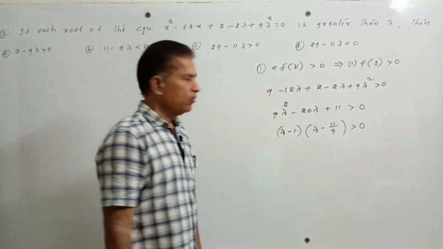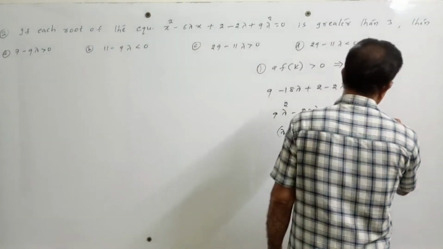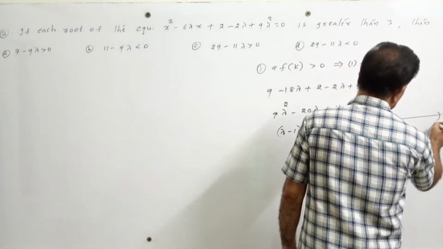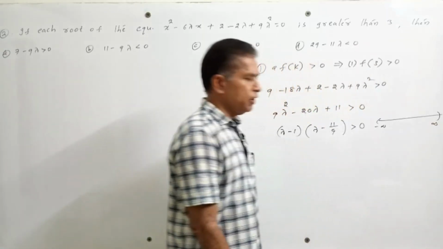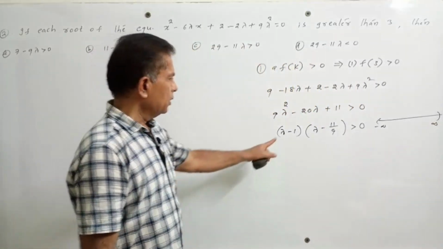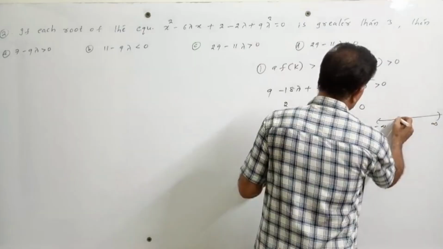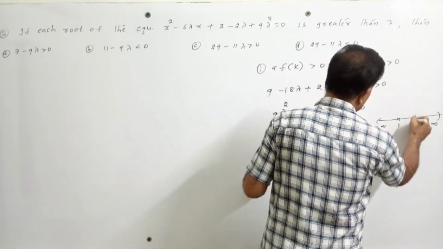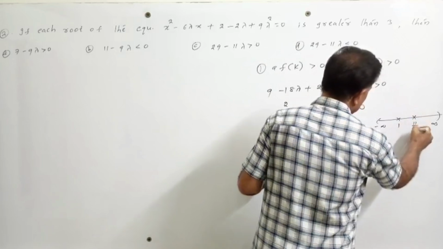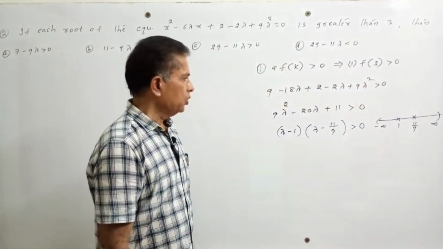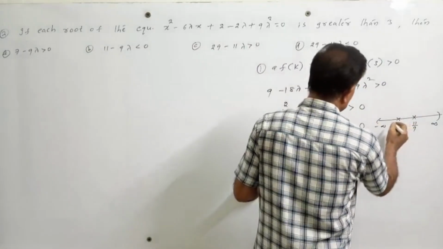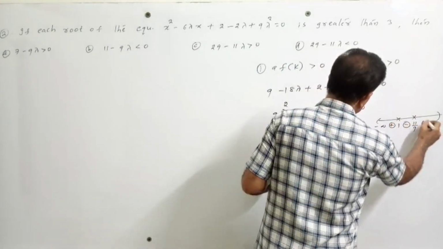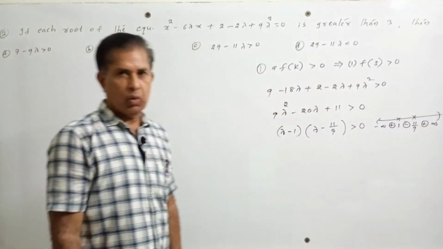To decide the range of lambda to satisfy this inequality, let us consider the sign scheme, from minus infinity to plus infinity. Lambda minus 1 becomes 0 for lambda is equal to 1. Lambda minus 11 by 9 becomes 0 for lambda is equal to 11 by 9. In the first interval this product is positive, here it is negative, here it is positive by wavy curve method.